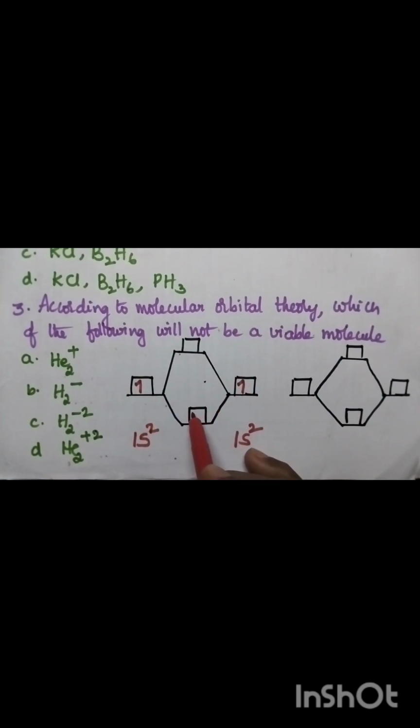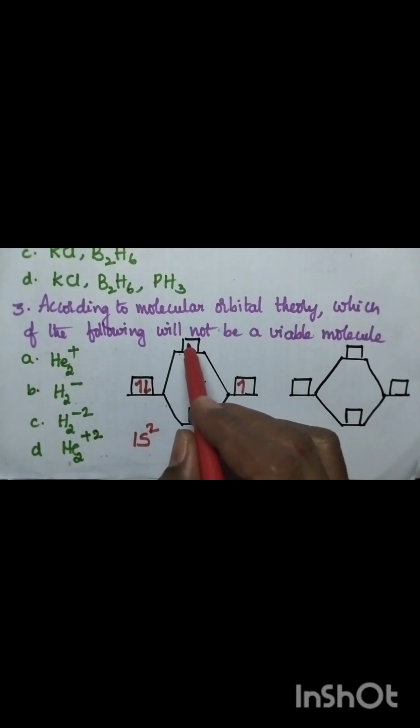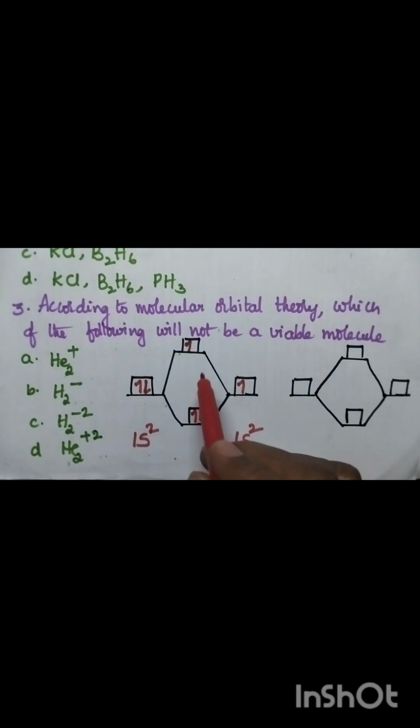So when they are filled in the molecular orbital, it will have bond order 1. But coming to He2+, here only 1 electron is removed. That means one helium will have 2 electrons and the other helium will have only 1 electron. And hence here 1 electron will be present in the anti-bonding molecular orbital and its bond order will be 0.5.